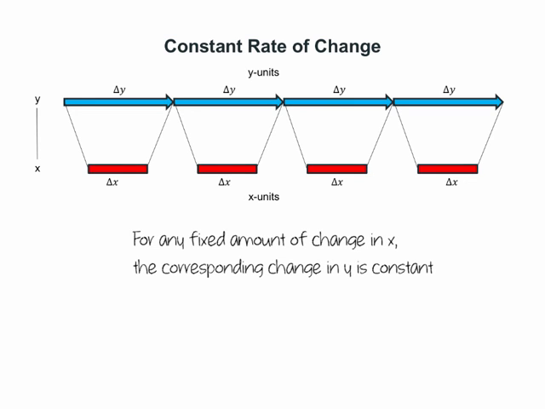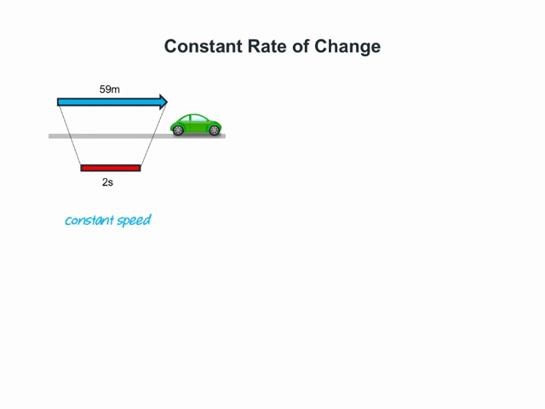And this also means that there is a specific multiplicative relationship between these amounts of change. For example, with constant speed, we saw that the change in distance, in meters, was always 59/2 as large as the change in time, in seconds.